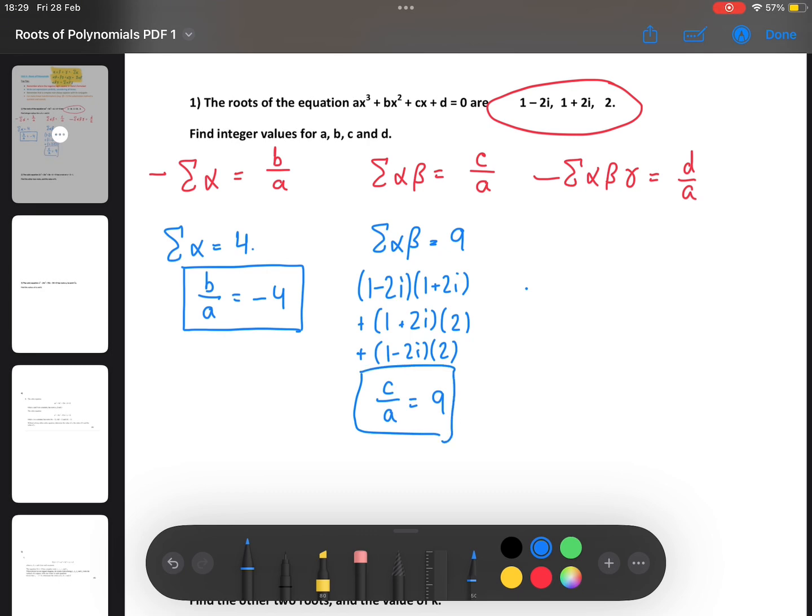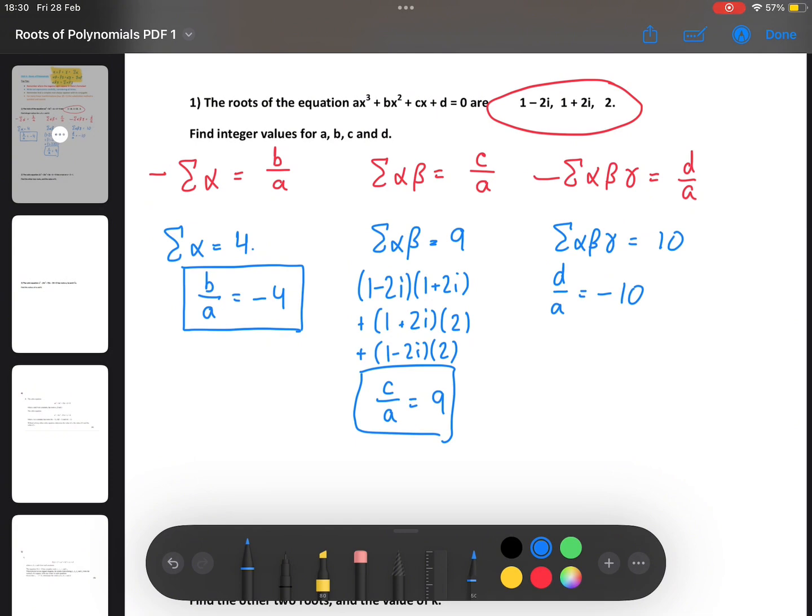And if we multiply all of the roots together, then we get 1 minus 2i times 1 plus 2i times 2 is 10. So the sum of the alpha beta gammas is 10. And so d over a is going to be minus 10.